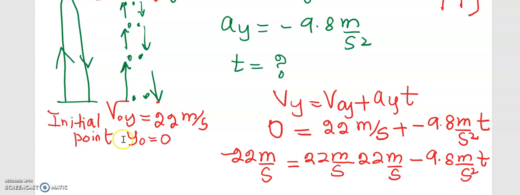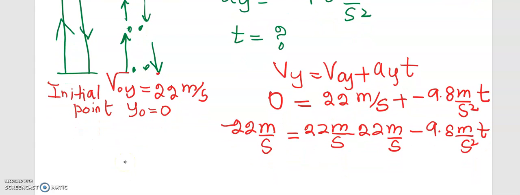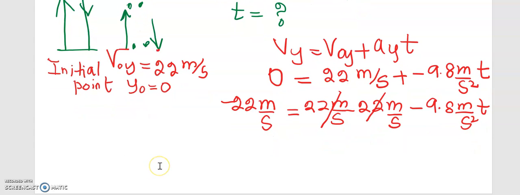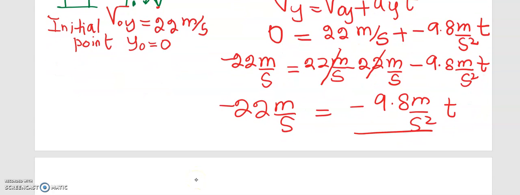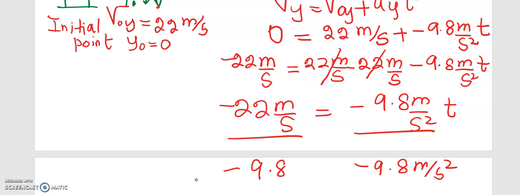That's just a negative, right? And you can cancel out these two, and now you can divide both sides by 9.8. So negative 22 meters per second is equal to negative 9.8 meters per second squared times t. Divide both sides by negative 9.8.